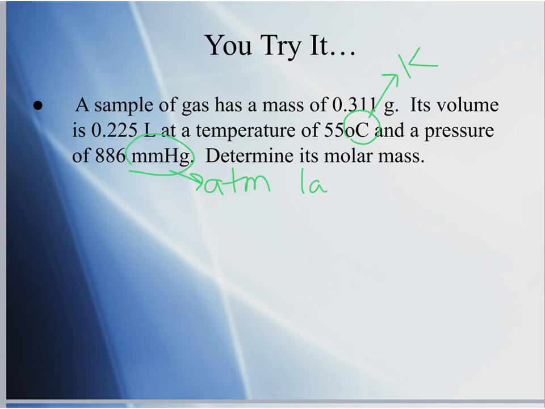So 1 atmosphere equals 760 millimeters of mercury, just as a conversion factor there. Determine the molar mass. Remember, the molar mass is grams divided by moles. Go ahead, pause, figure it out, and then push play and see if you're right.